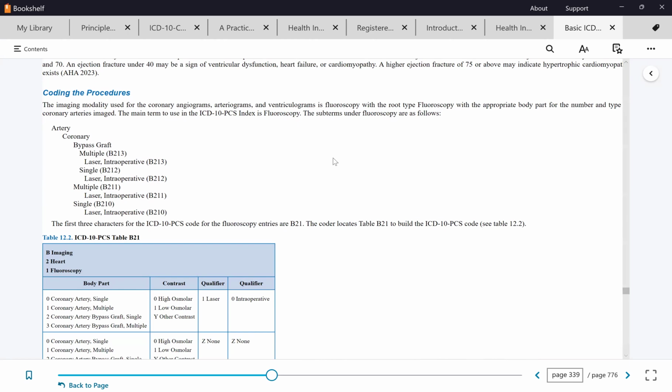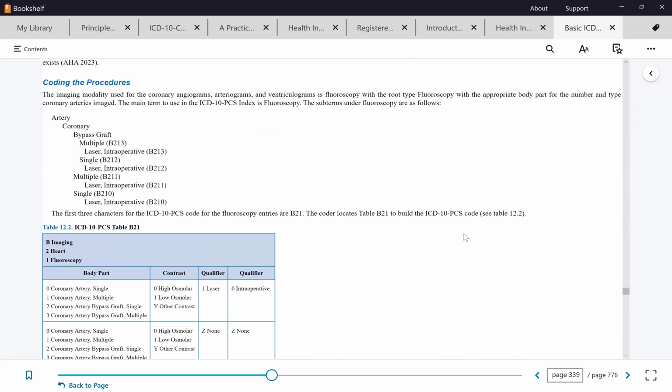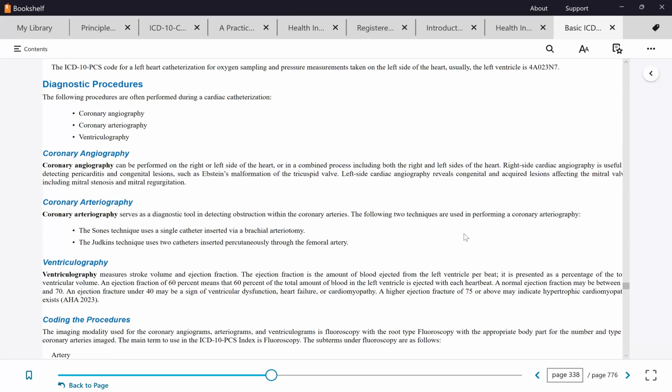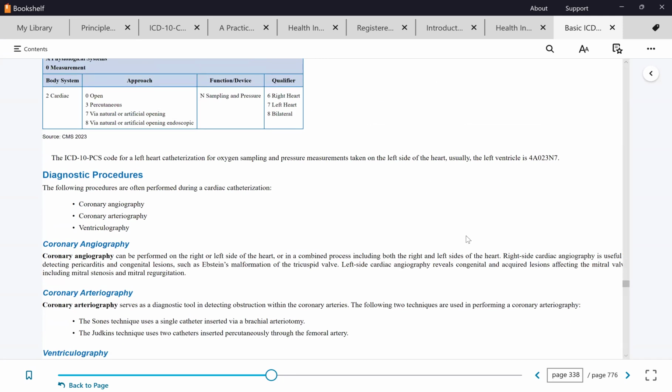We'll also be looking at bypasses, fluoroscopies, and cardiac catheterizations. An important thing to bear in mind is that cardiac catheterizations, don't think of them as procedures, but they are things that can involve coronary angiograms, arteriograms, what have you, as something that can be done during a cath.